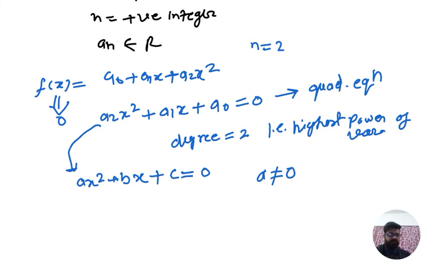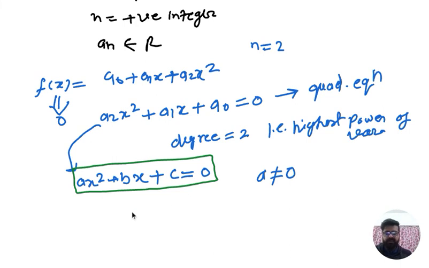Now come to the next point. Here we have to find the roots. Roots means the values of x that satisfy this quadratic equation. So our aim is to find the roots.